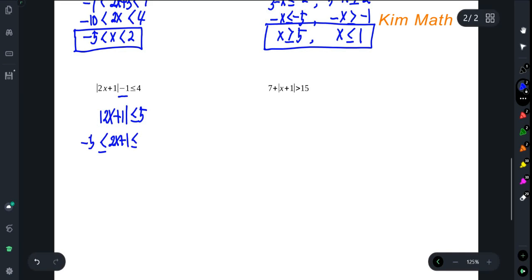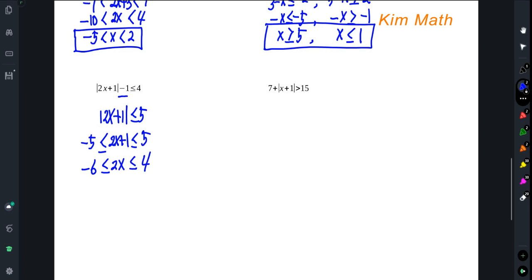Here negative 5 is here, positive 5 is here, right? Okay, to isolate x, I will eliminate 1 first, so negative 1, negative 1, negative 1. Okay, now divide by 2. Good.